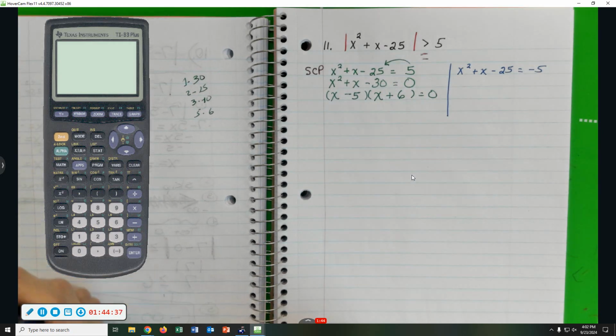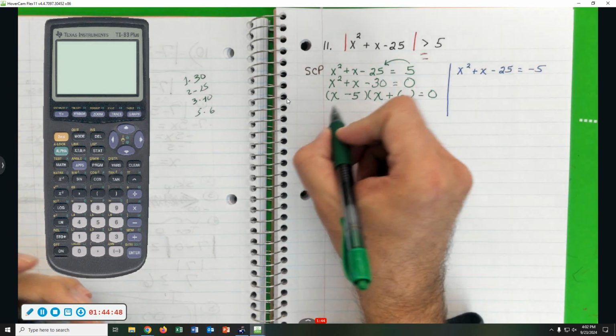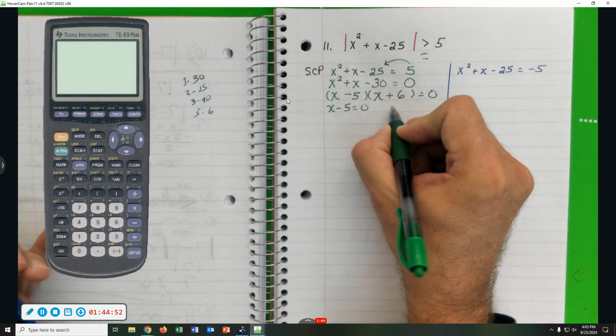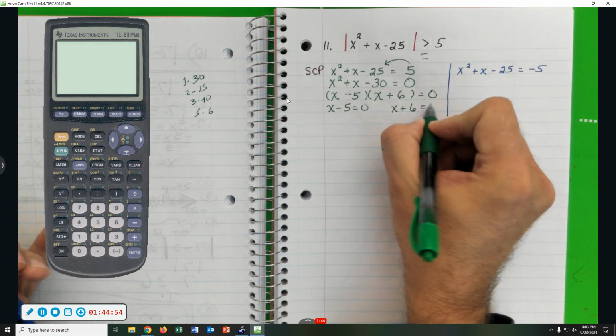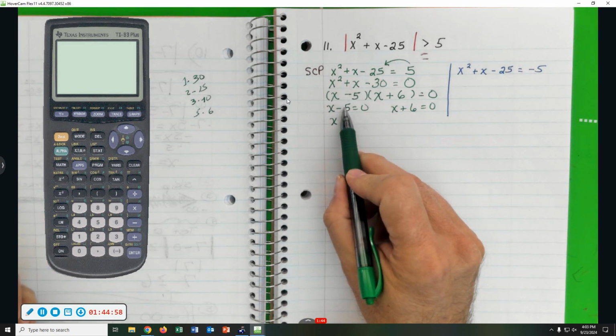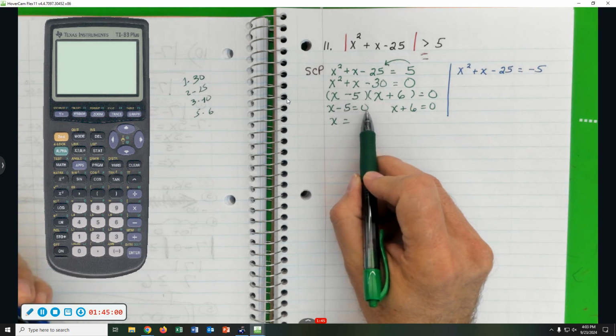Do you agree with me? FOIL it out in your head and see. 6x minus 5x, that's a positive 1x. So set each one of these to 0. I'm about to get 2 cut points. Is that positive 5?